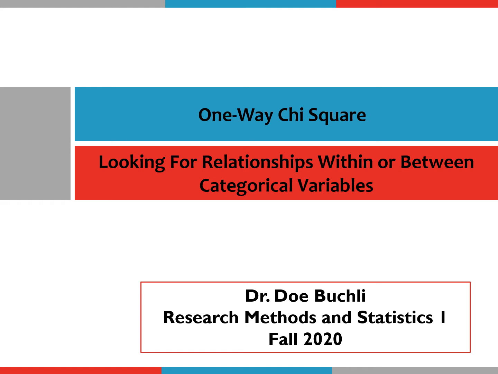So essentially the question that we're asking when we conduct a one-way chi-square is very similar to the question that we ask when we conduct a one-sample t-test. And that's essentially a question of whether the statistics that we observe in our sample are different from those we would expect to find in the population.